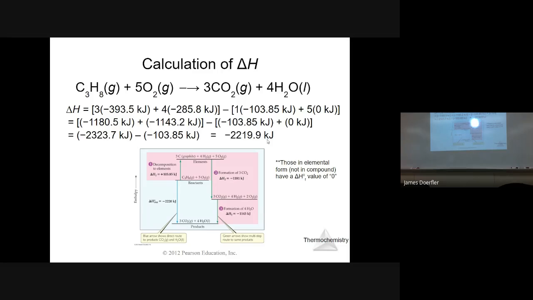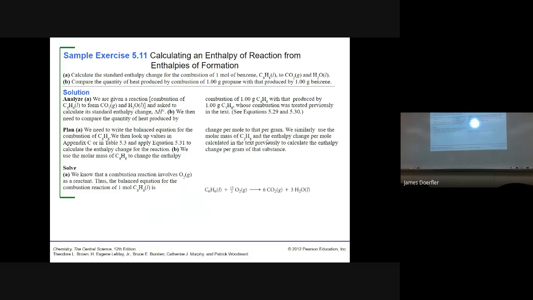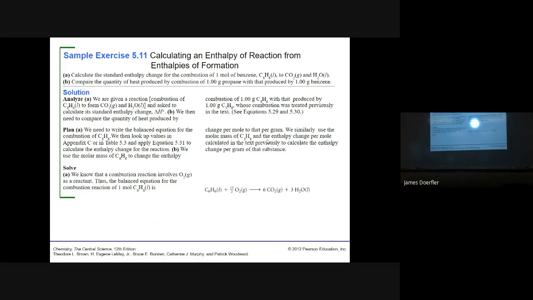Now, we are out of here in 7 minutes. I want to just take a quick look at our practice problem here, and we'll go back over it tomorrow, before we get through some additional exercises.